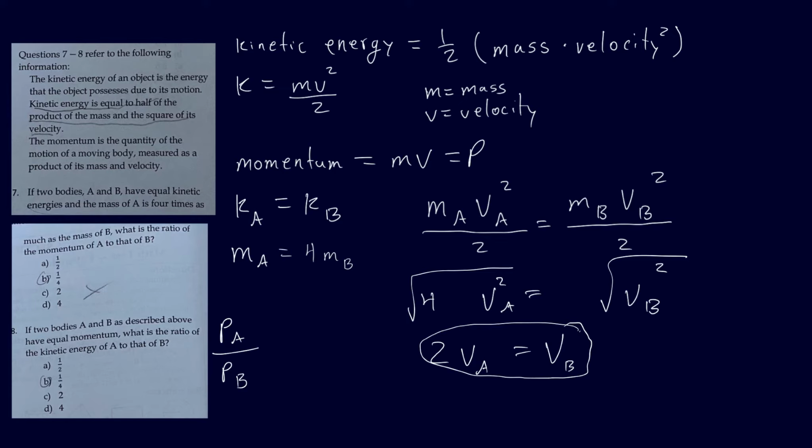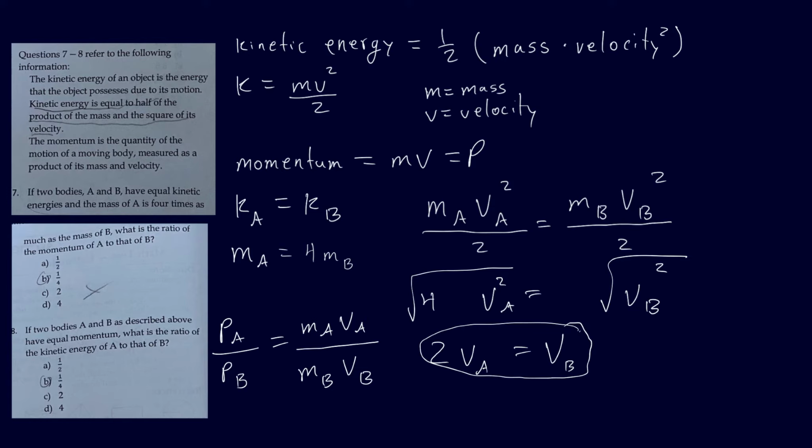And momentum is equal to mass times velocity. So for the momentum of object A, it's going to be the mass of object A times the velocity of object A. And for the rest of the ratio or fraction, the denominator is going to be mass of object B times the velocity of object B. Now, since this is what they're asking for, I'm going to plug in as many of these variables with equivalent variables that can be cancelled with each other.